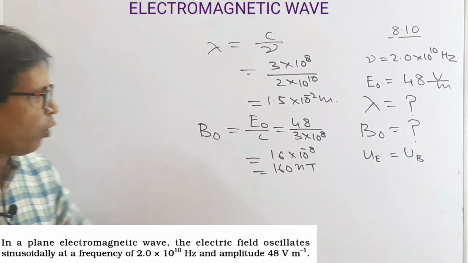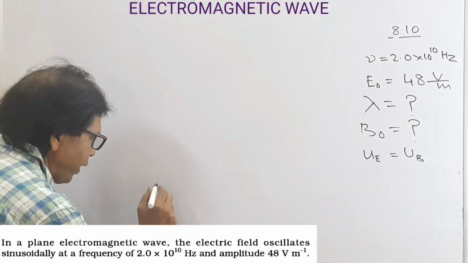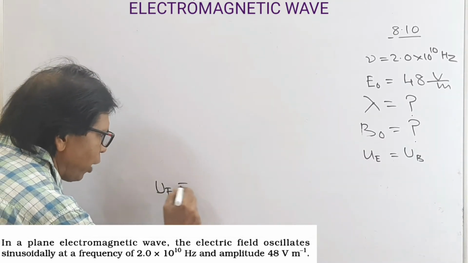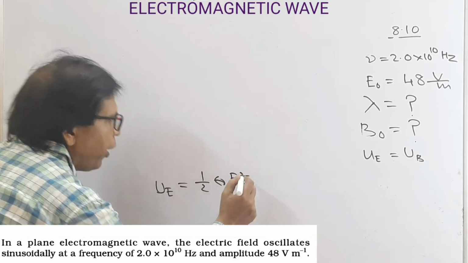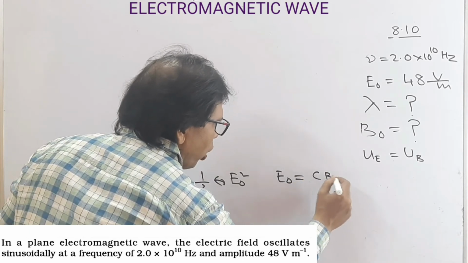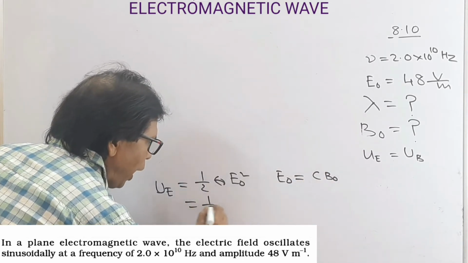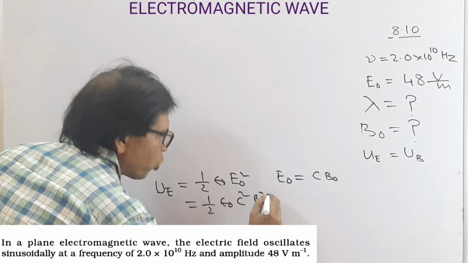Okay. Now the energy density in the electric field. The energy density in the electric field equals half epsilon naught E naught square. Now we know E naught equals c B naught. Therefore this becomes half epsilon naught c square B naught square.